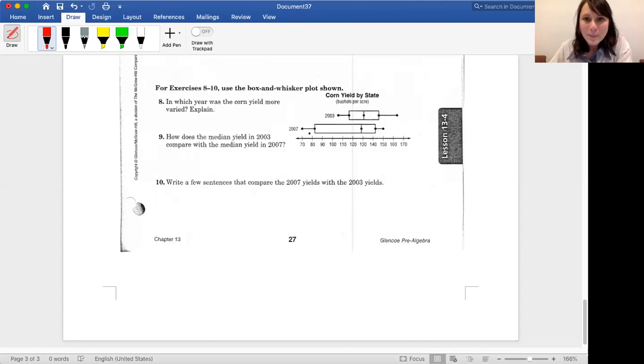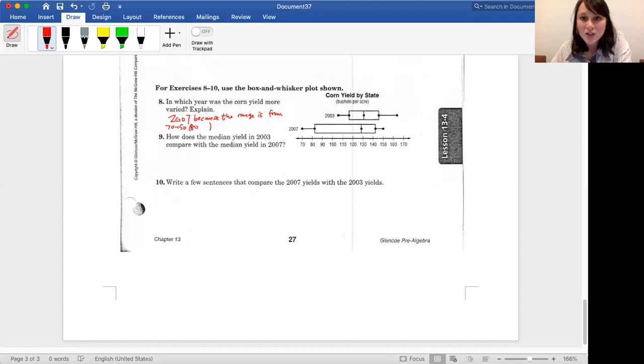So I would say 2007 had a wider range of yield because it goes from 70 to 150. The range is from 70 to 150, which, if you subtract, is 80, a range of 80.